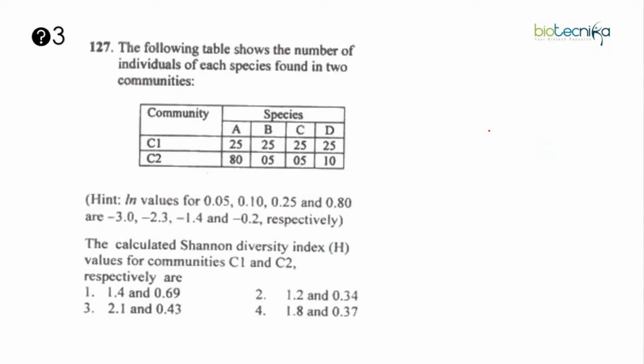Moving to the next one. So here you have the list given. Two communities are here and the different species are here and their abundance is given here. In the two communities, you have to find out the Shannon diversity index.